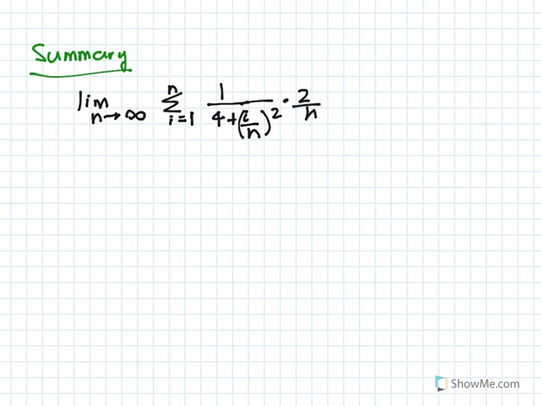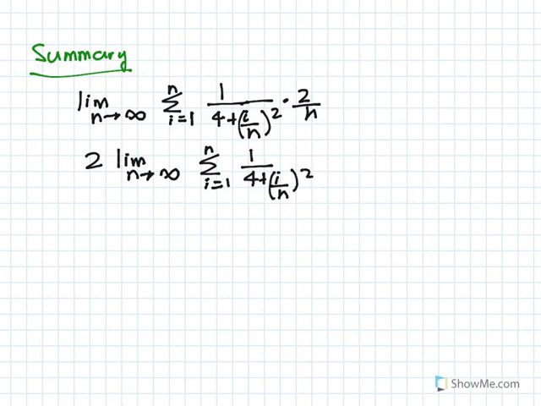We factor the 2 out, we get 2 times limit n goes to infinity, summation i goes from 1 to n, 1 over (4 plus i over n) all squared times 1 over n.